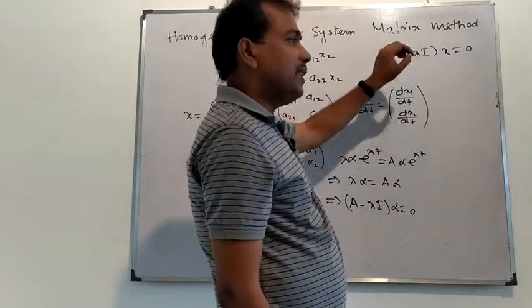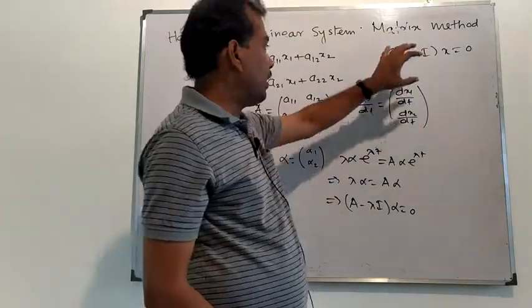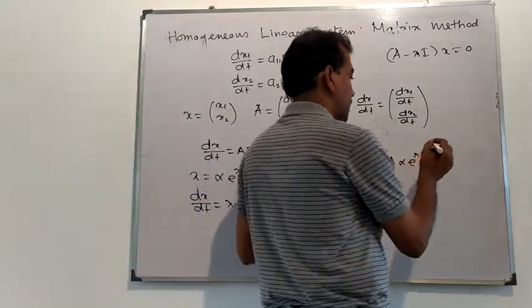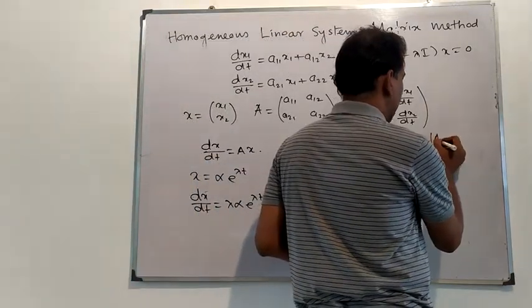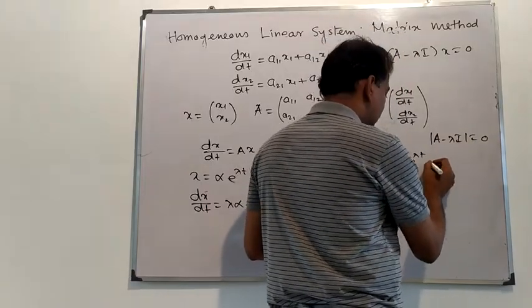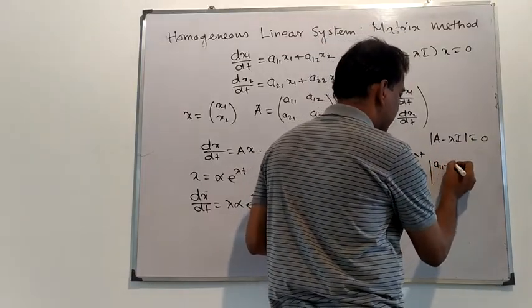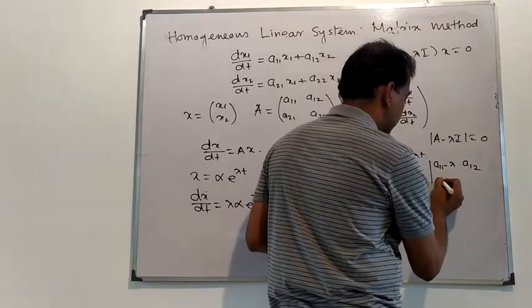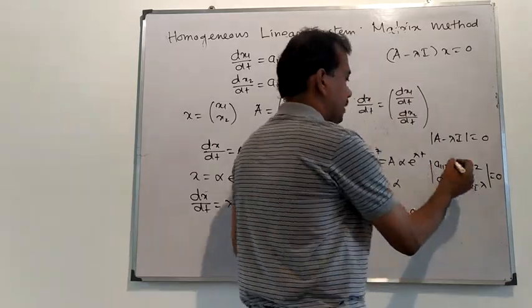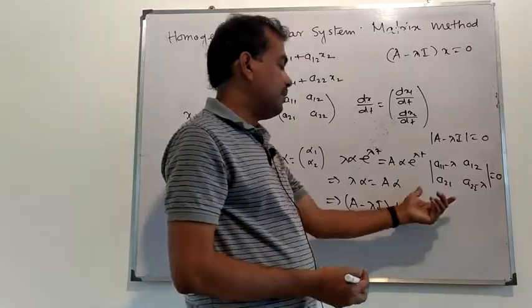Now the rank is less than 2 if and only if the determinant value of this is equal to 0, that is det of (A minus lambda I) is equal to 0. This implies the determinant with entries a11 minus lambda, a12, a21, a22 minus lambda is equal to 0.